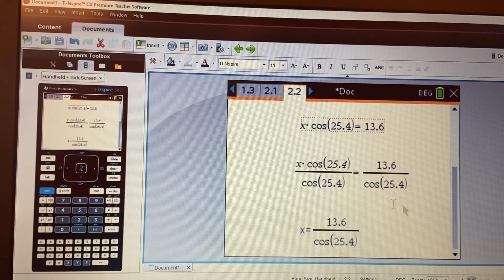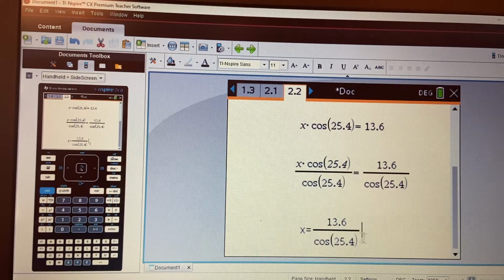Now our x again is being multiplied by cosine of 25.4, so we need to undo that operation and divide both sides by cosine of 25.4. So right here the cosines cancel out, it leaves us x, so 13.6 over cosine of 25.4 is what we put in our calculator.